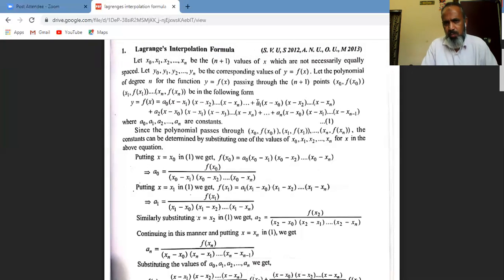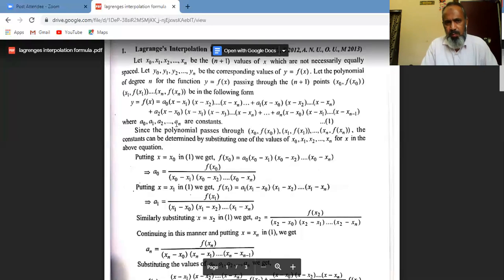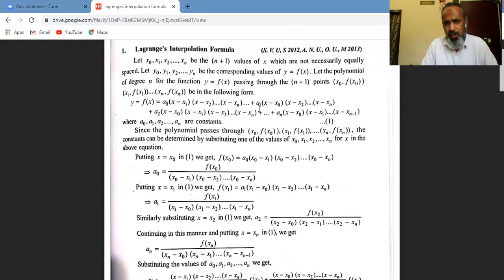So this term will remain as it is, it will not vanish. And all other terms will vanish when we substitute x equal to x1. (x1 minus x1) will be cancelled, 0 into something is 0. So we get f of x1 is equal to a1 into (x1 minus x0).